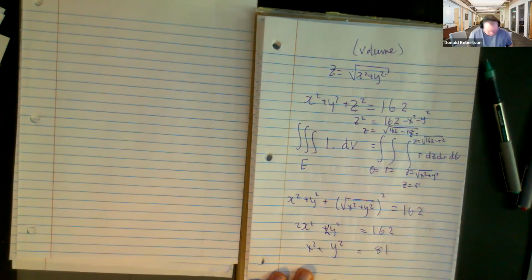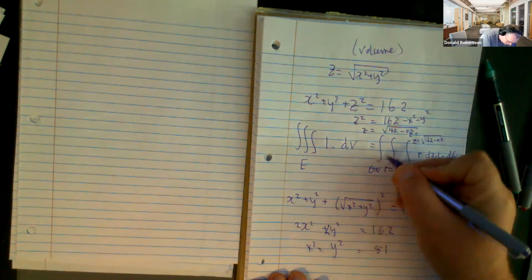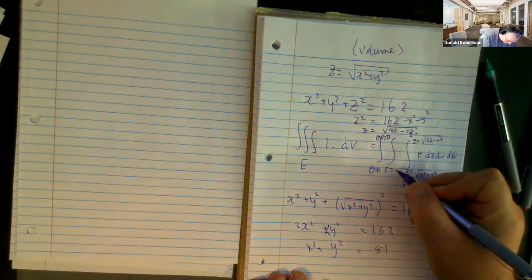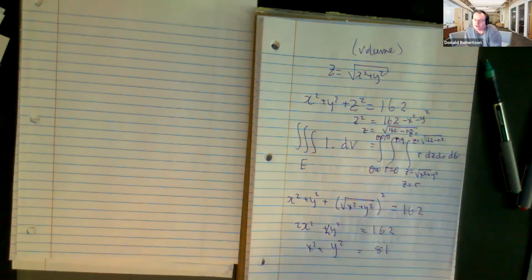I can see a circle, radius 9. There's no indication that it's not a whole circle, so theta goes from 0 to 2 pi and r from 0 to 9. Does that make sense?